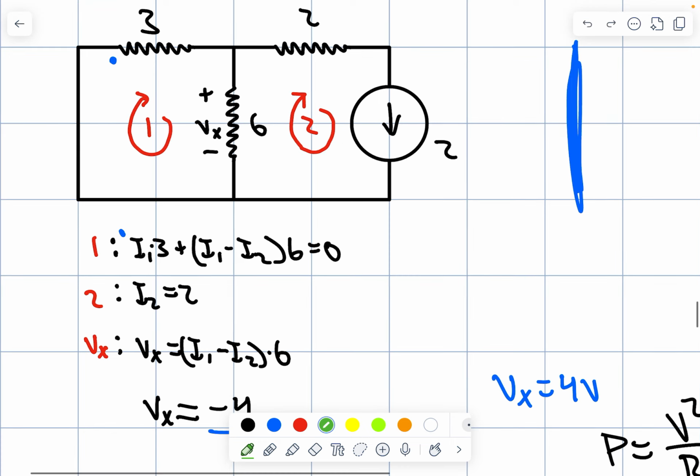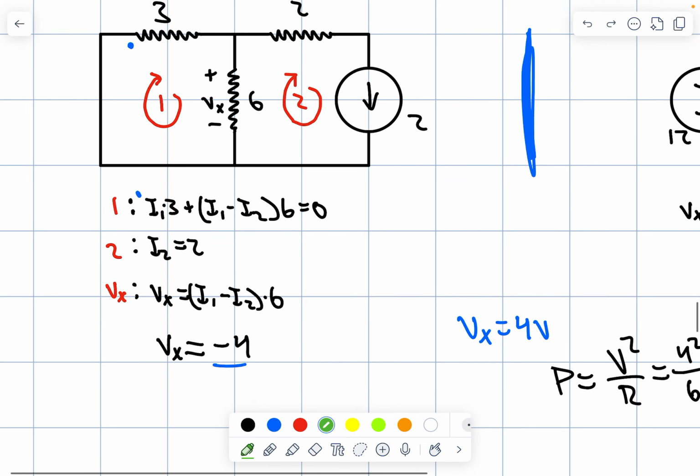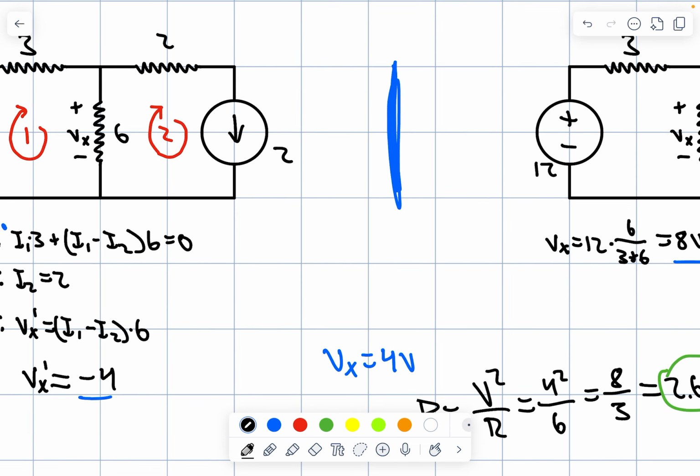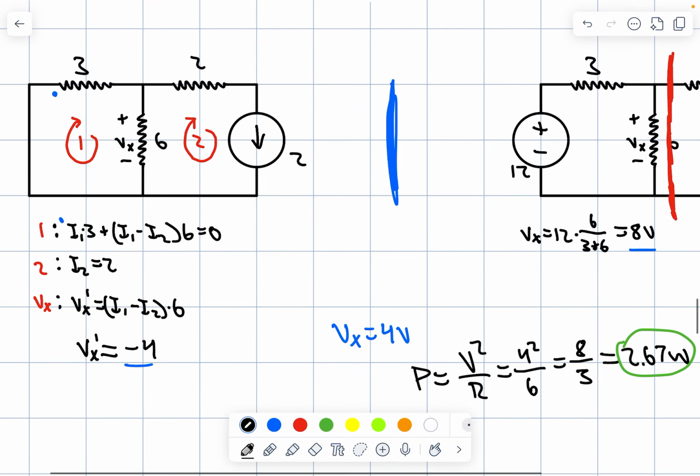And then Vx is equal to, going through the positive terminal is I1, going through the negative terminal I2, so I1 minus I2 times 6. You can do the calculation on your own. Vx is equal to negative 4. A lot of people would denote this as Vx prime, okay? And then in your second run, where you deactivate the current source, they'll call it Vx prime prime, okay?